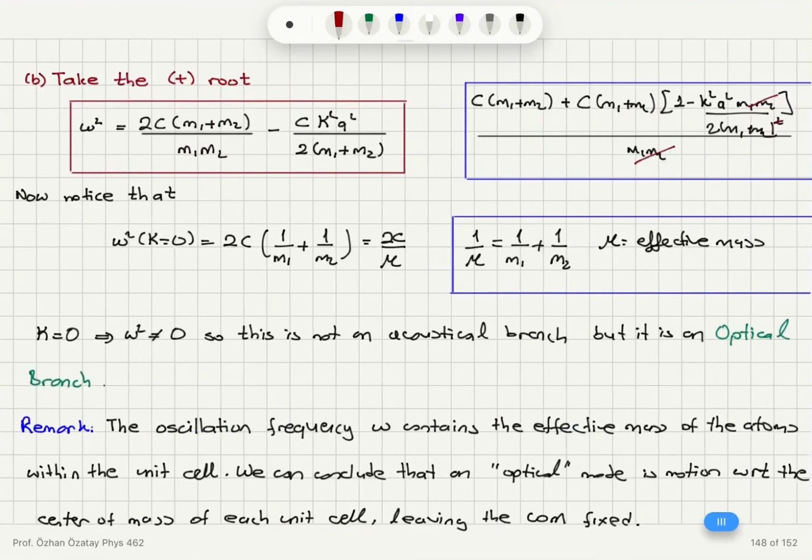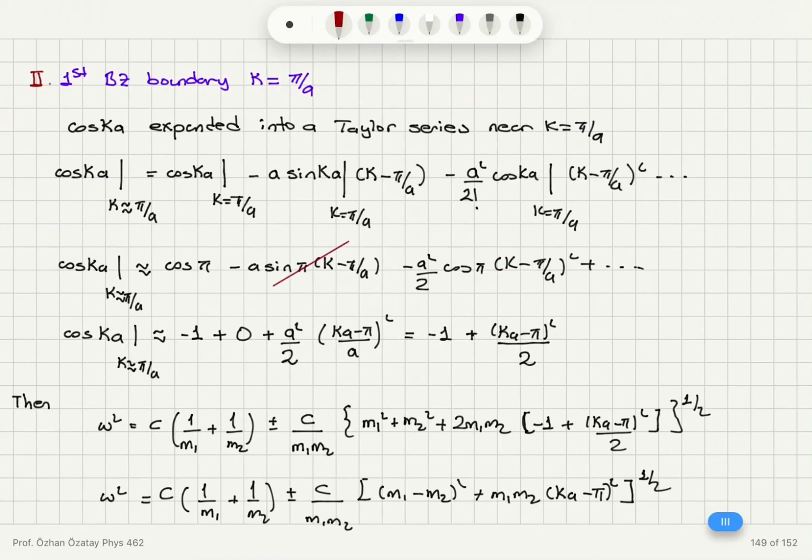Now in parentheses I put m1² plus m2² plus 2 m1 m2 cosine ka, which becomes minus 1 plus (ka minus pi) squared over 2, square root. So I noticed that I will have now m1² plus m2² minus 2 m1 m2. So (m1 minus m2) squared, and then the 2 m1 m2 multiplied with (ka minus pi) squared over 2 will give me m1 m2 (ka minus pi) squared, square root.